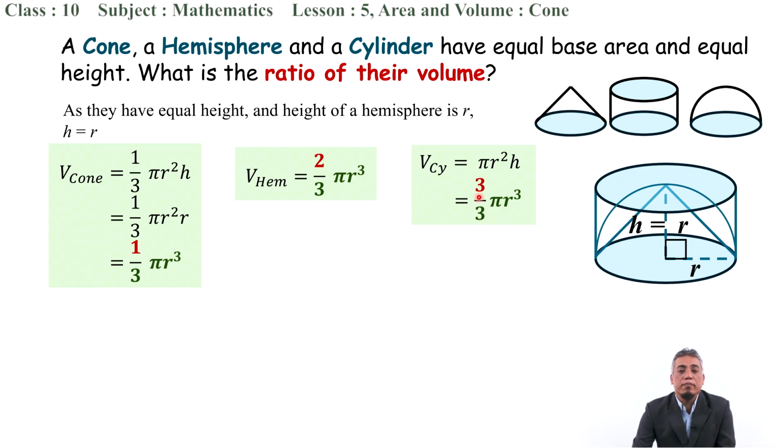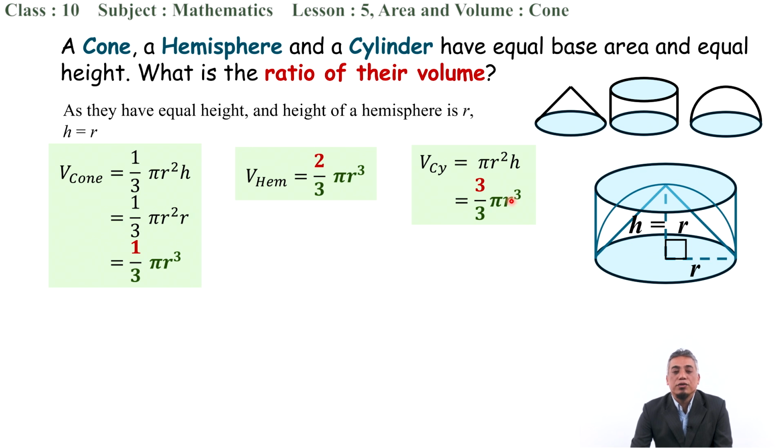So what I have made here is all have the same denominator and the same multipliers, pi r cube. This h being replaced as r again gives r cube, same as here.